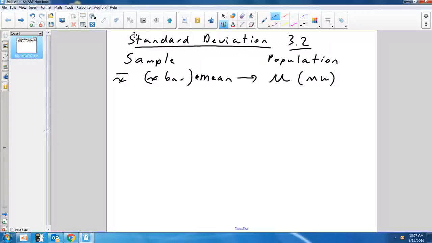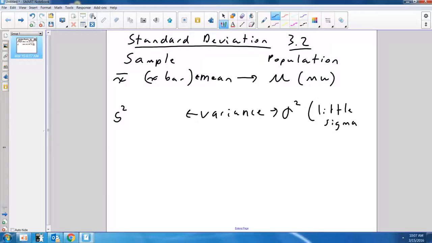However, we are going to get into something called a variance, and a variance is going to be labeled differently for one or the other. For the sample variance, it's going to be labeled as s squared. For the population variance, it's going to be little sigma squared.